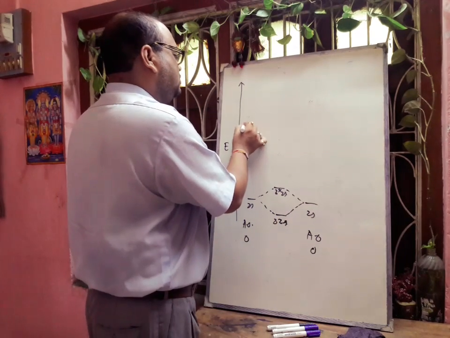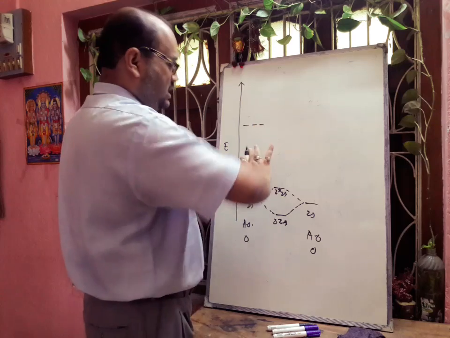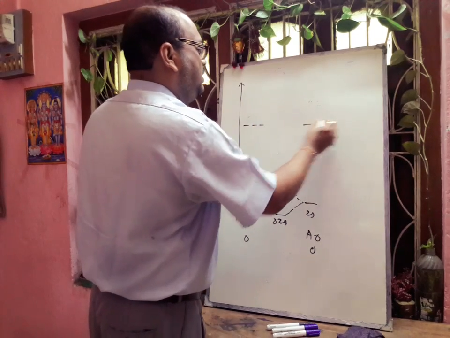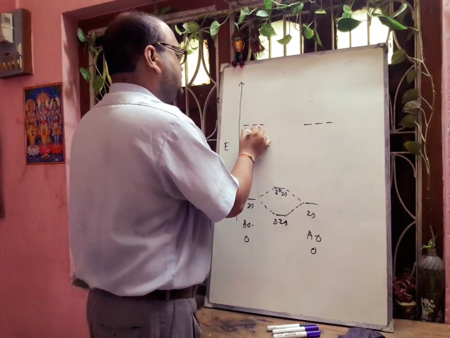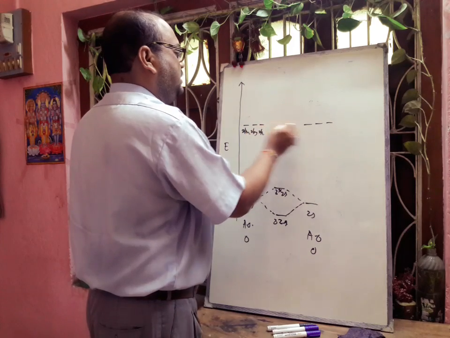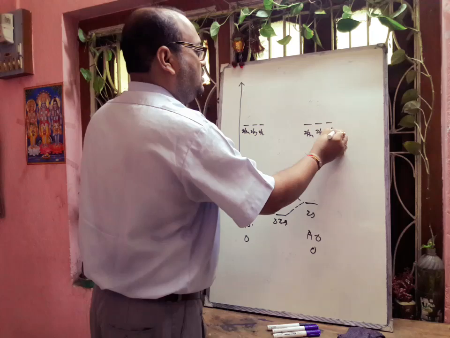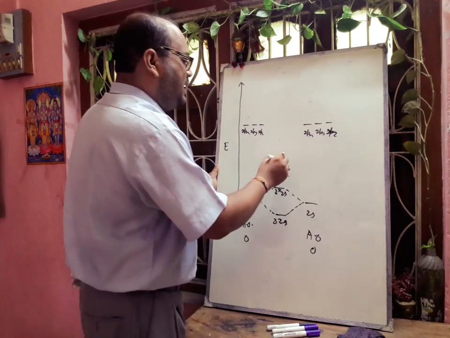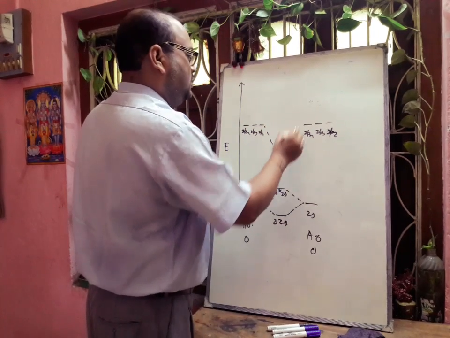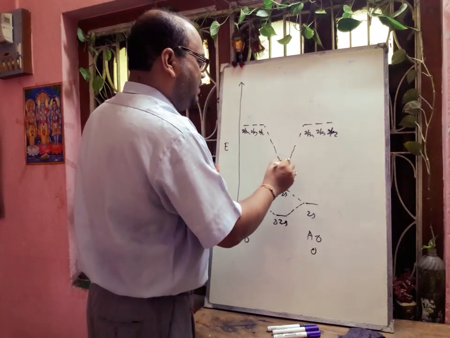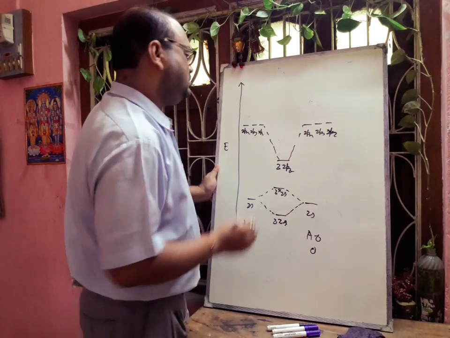Next 2p will come, so here the gap is large, so definitely there will be no sp mixing. That is 2px, 2py and 2pz. Here sigma will be at the lower level, so this will be the sigma 2pz.